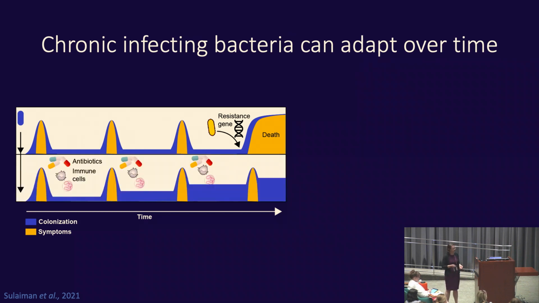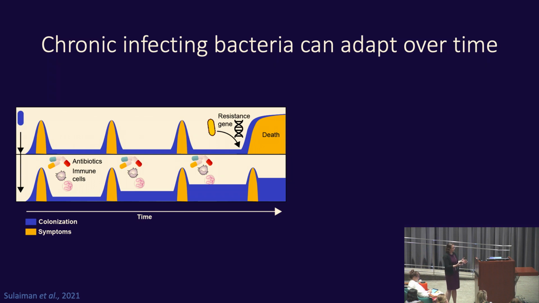But what I'm really interested in is the fact that these bacteria are constantly bombarded by the immune response and often multi-drug treatment regimens, but you can't get rid of them. They're just still there. And over time, these bacteria are exposed to these pressures, and that selects for populations that are better and better and better at surviving.